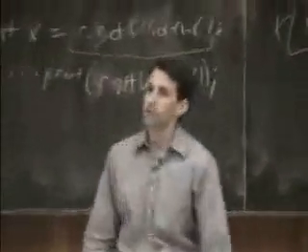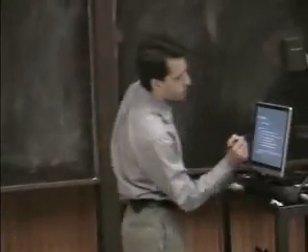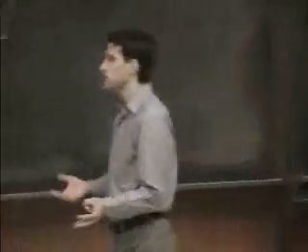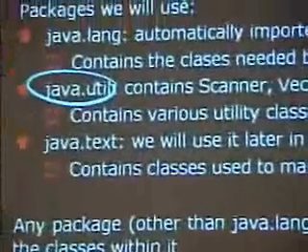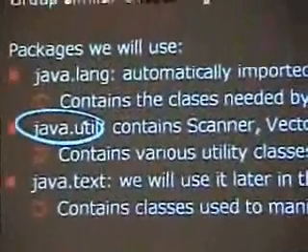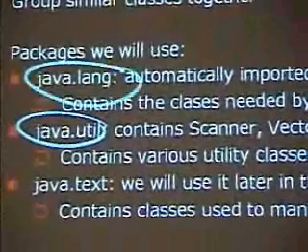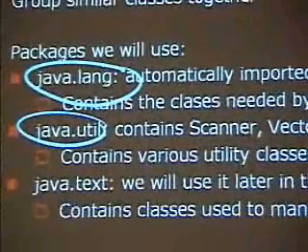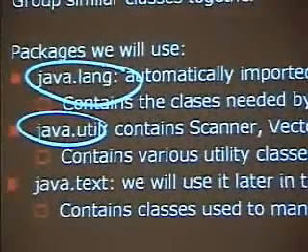Well, it turns out there's 50 or 100 different packages. There's only a couple that we're really going to need in this course. We've seen java.util. It's called that because it has a bunch of utility classes like Vector and Scanner and StringBuffer and some stuff that you're going to need for the next homework. java.lang, that's automatically imported, so you don't have to say import java.lang.*.